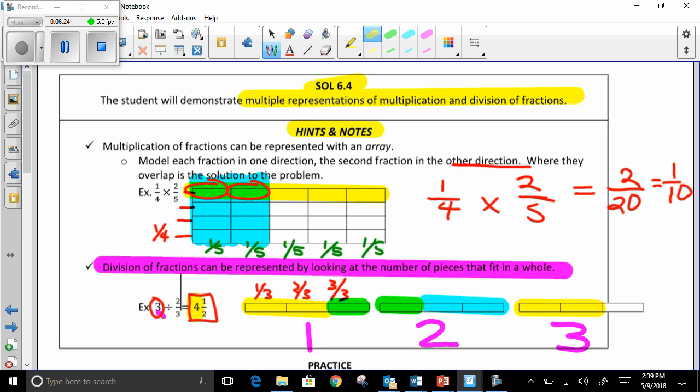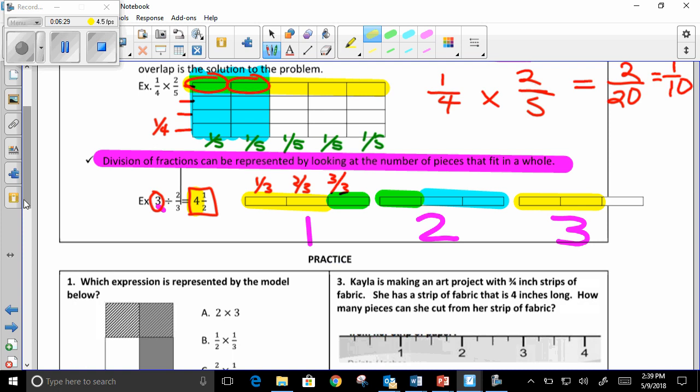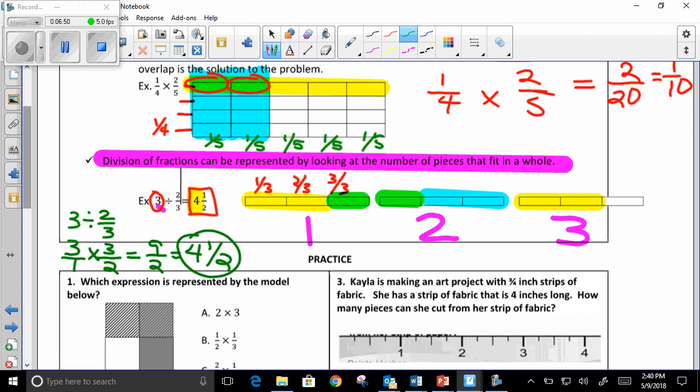Now, could you do that the long way? Absolutely. But I wanted you to see what it would look like. So if you solve this the long way, 3 divided by 2/3. Remember, we never divide. We multiply by the reciprocal. And look what you get, 9/2. 2 goes into 9 4 times with 1 left over.